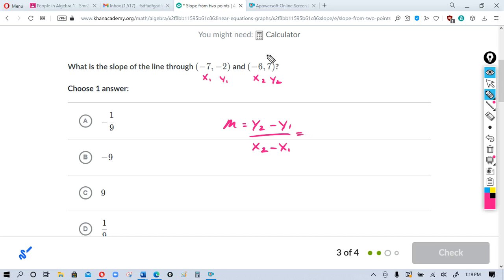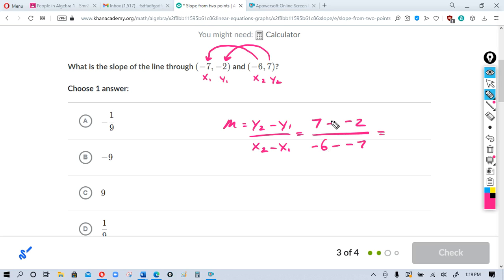And you just subtract. For the y's, 7 minus negative 2. And for the x's, negative 6 minus negative 7.